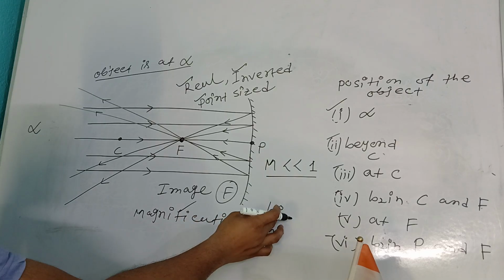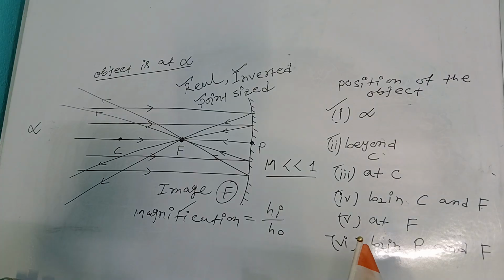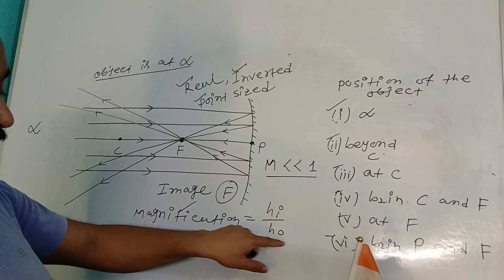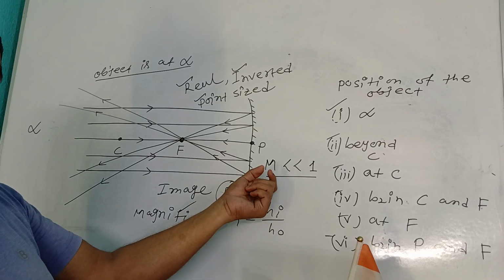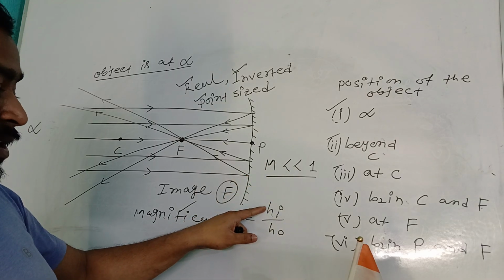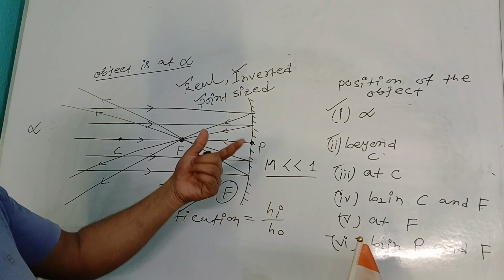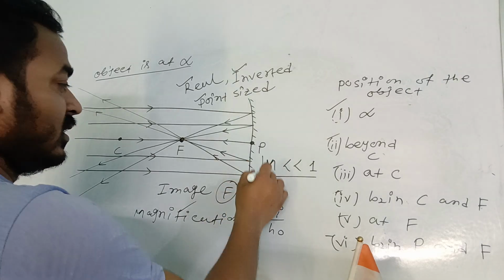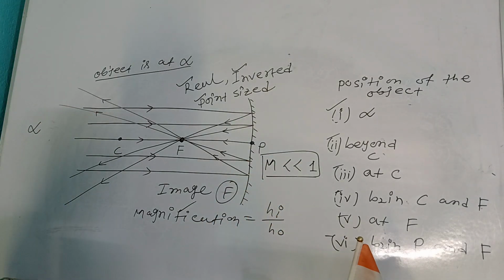The magnification is 0 by something, or tends to 0. If the numerator becomes small compared to the denominator, the value will be very small. So magnification m is very less than 1. Done?